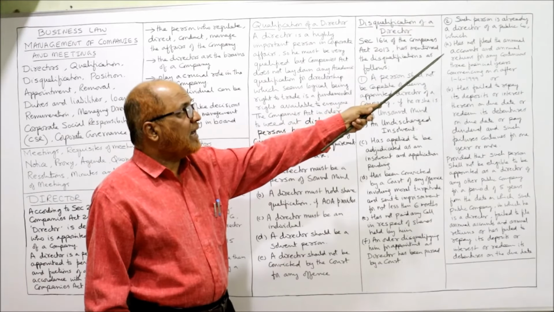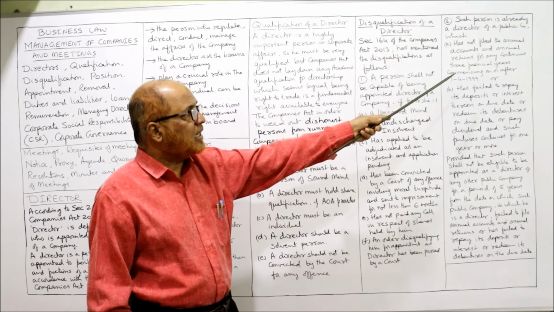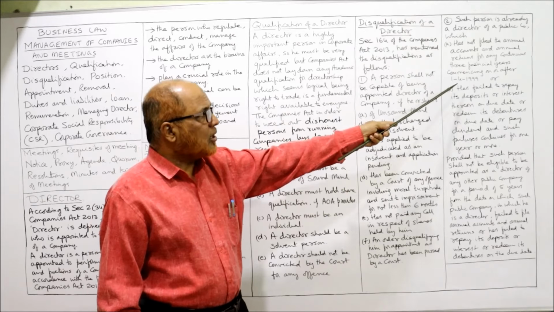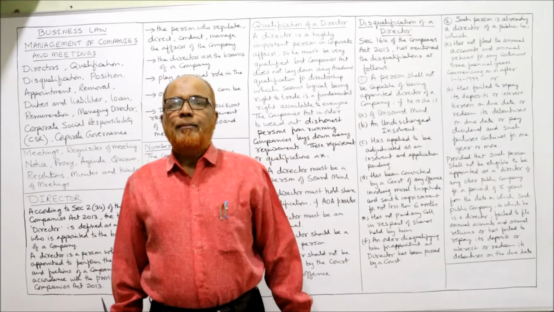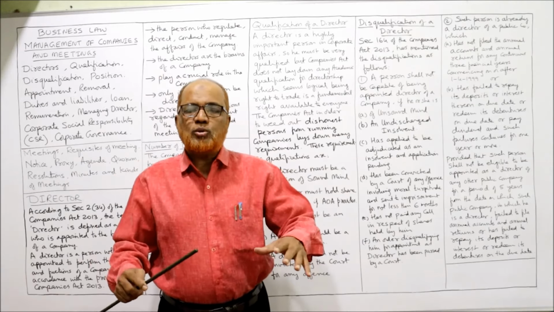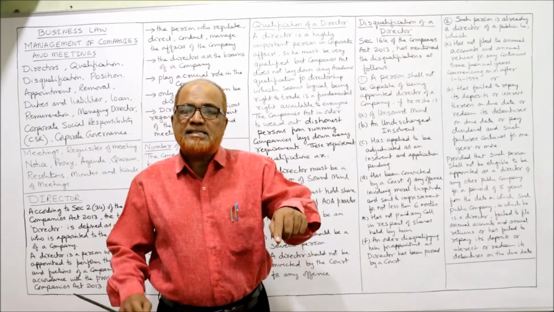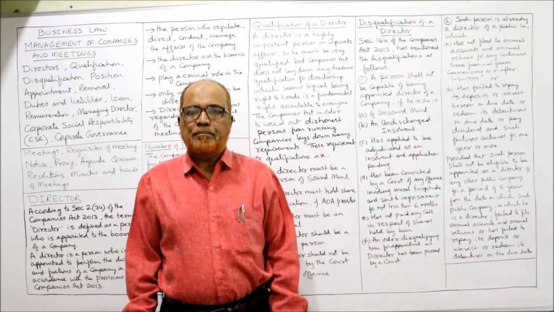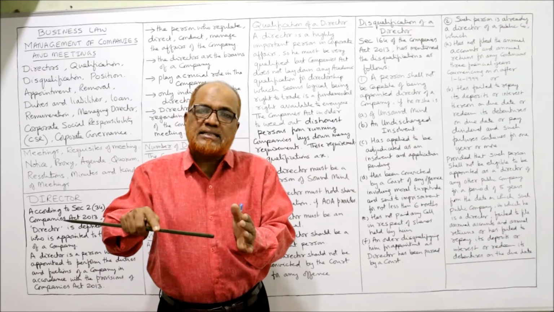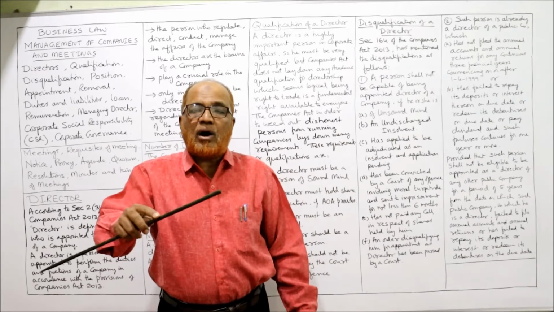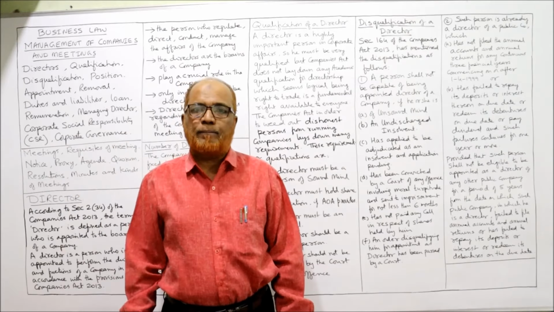has not filed the annual accounts and annual returns for any continuous 3 years, commencing on or after 1/4/1999. Example, Mr. X wants to become a director in PQR company. Already he is a director in ABC company. Now he wants to become a director of another company, PQR.